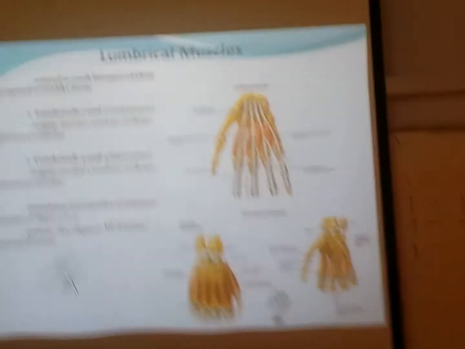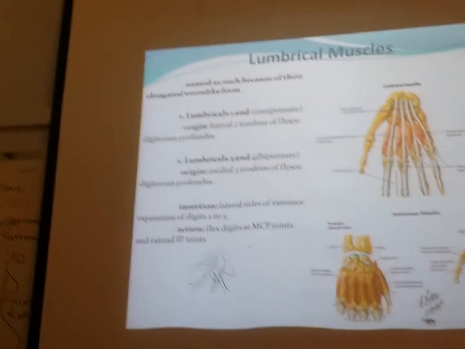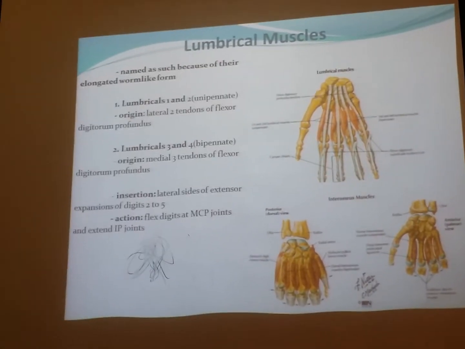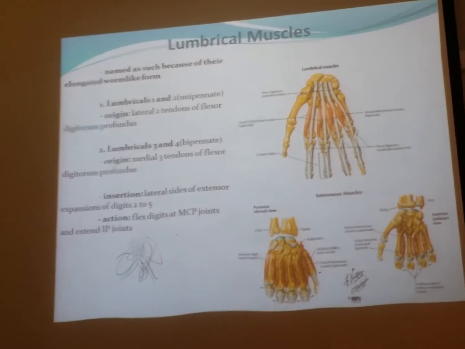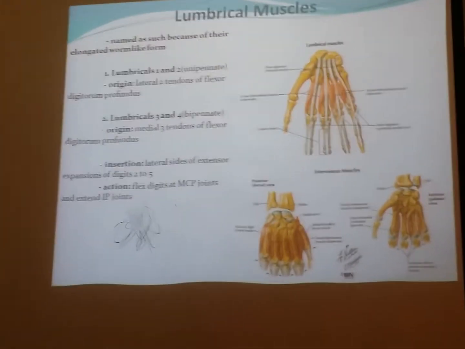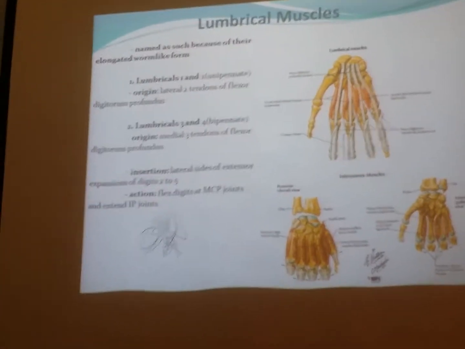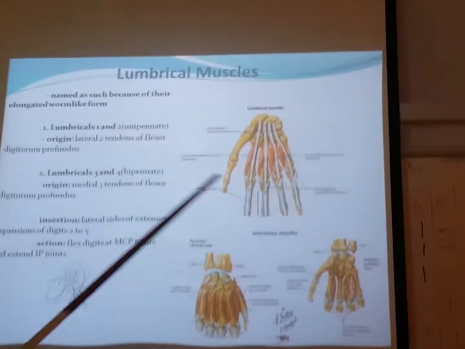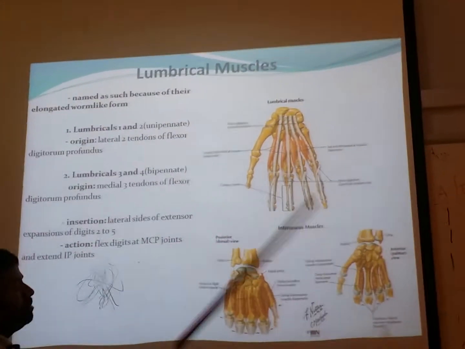They are numbered from lateral to medial side. All the 4 are named as lumbricals only, and they are numbered. First lumbrical, second lumbrical, third lumbrical, and fourth lumbrical. As I was telling you, we number the structures in the hand from lateral to medial side. Okay. First lumbrical, second lumbrical, third lumbrical, and fourth lumbrical.